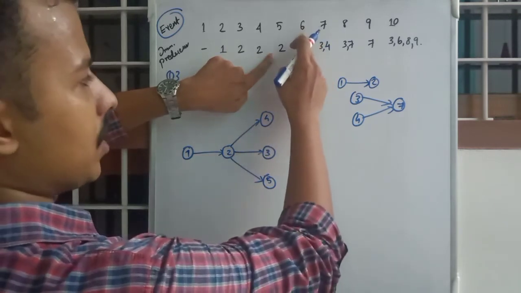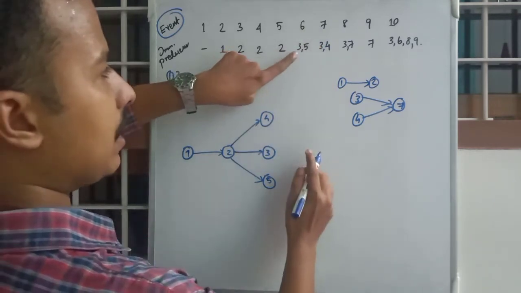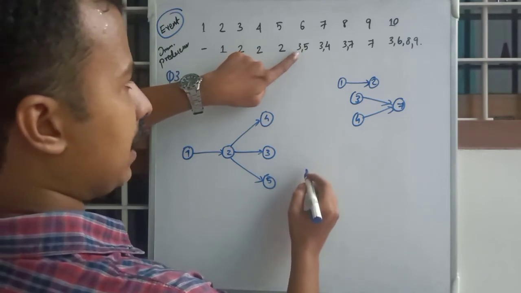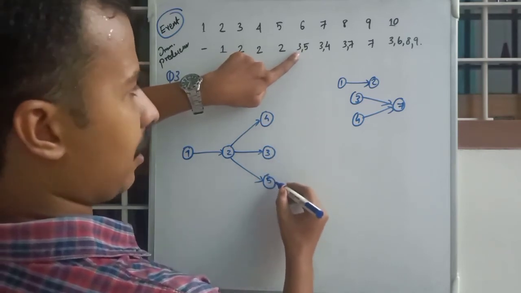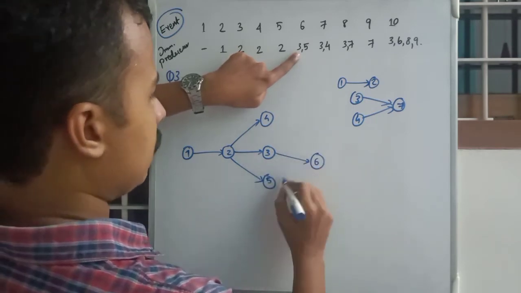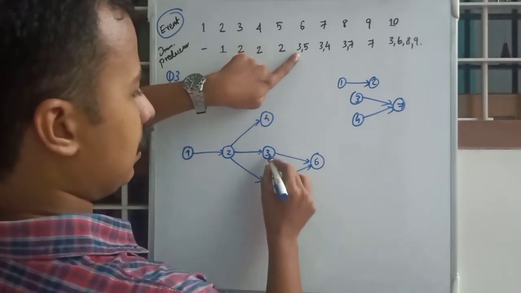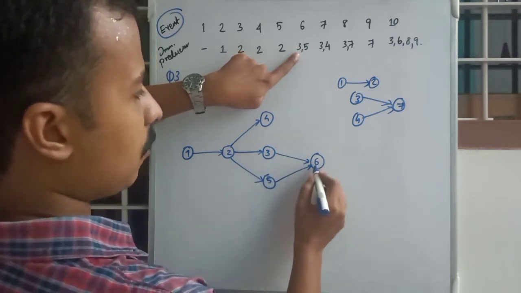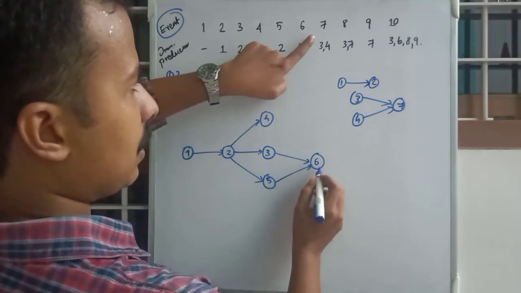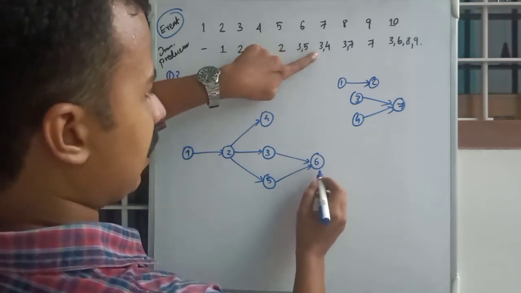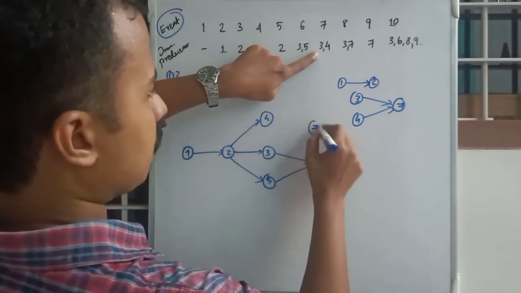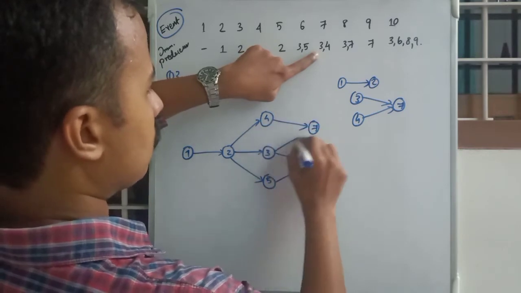And the next one, 6, is having 2 previous events. They are 3 and 5. So you can have 6 like this, so that 3 and 5 are the predecessors of 6. Clear. Next one, 7, is having another 2, 3 and 4. So it will be something like this.